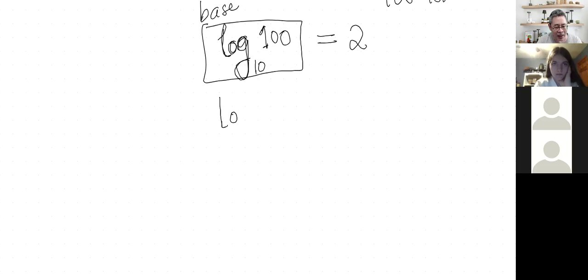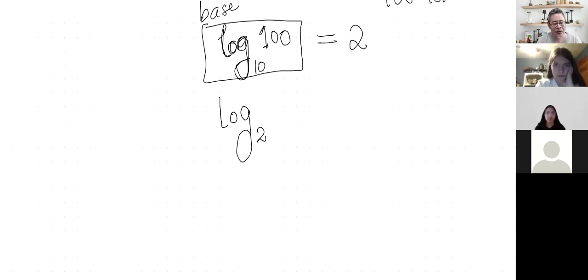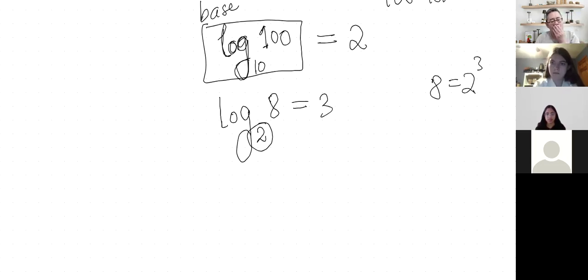If I write base 2, log of 8, this just means if I write 8 as an exponent of base 2, what is our exponent? We know 8 is 2 to the third, so that gives us 3. Good?